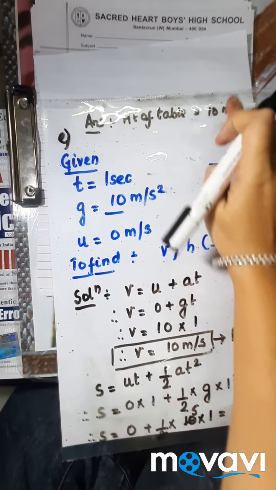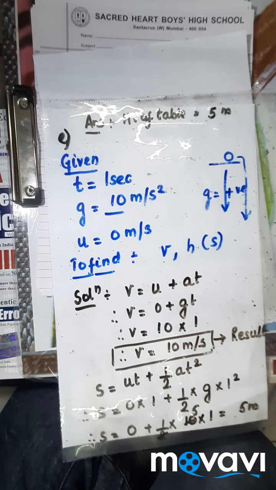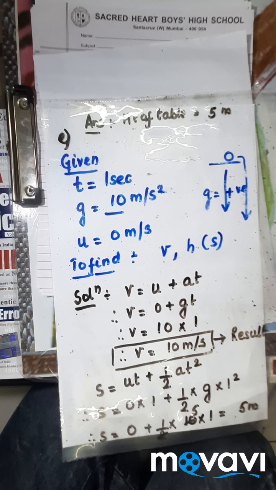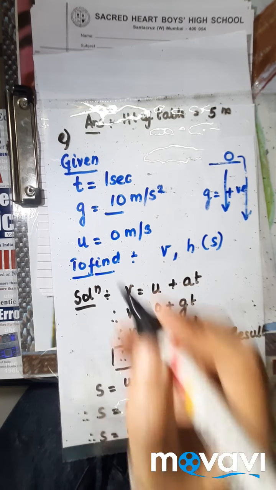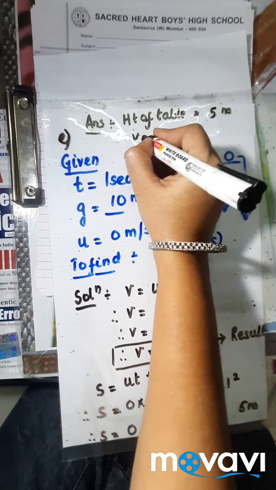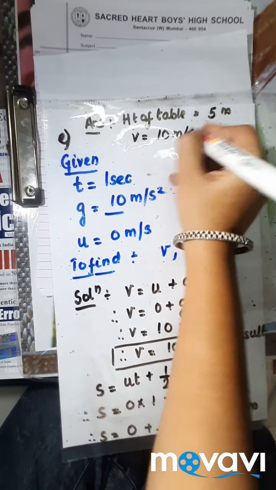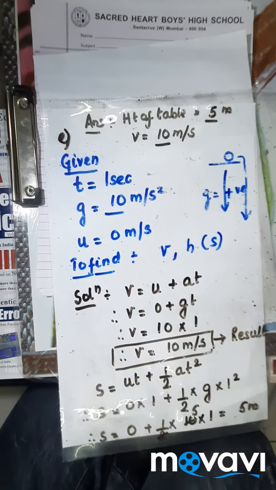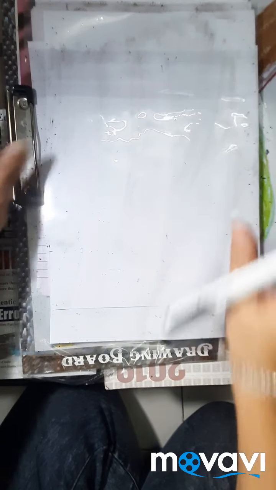Height of table is equal to 5 meter, and the speed on reaching the ground, so v is equal to 10 meter per second. Height of table is 5 meters, speed is 10 meter per second. Answer statement important. Yes or no, right? So now we'll go to the next sum.